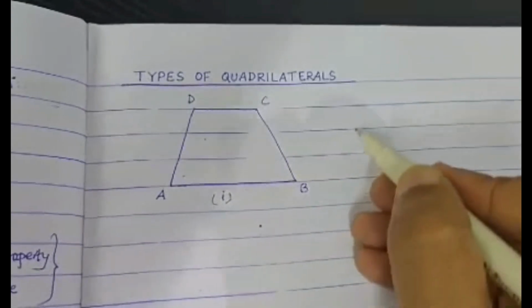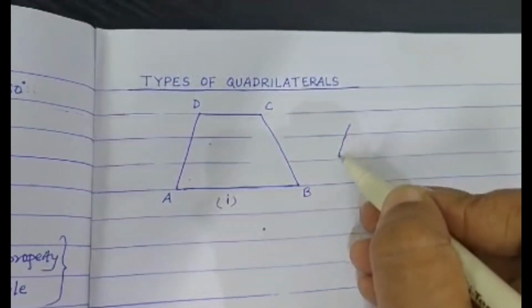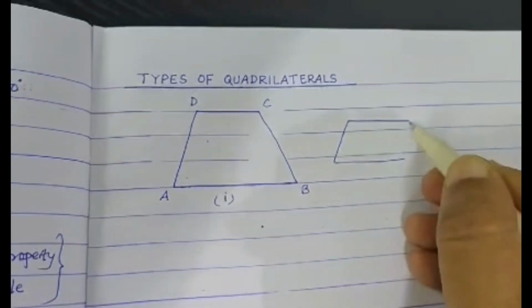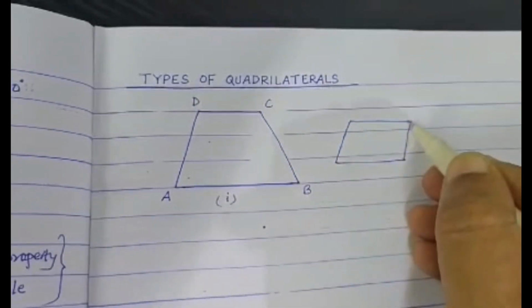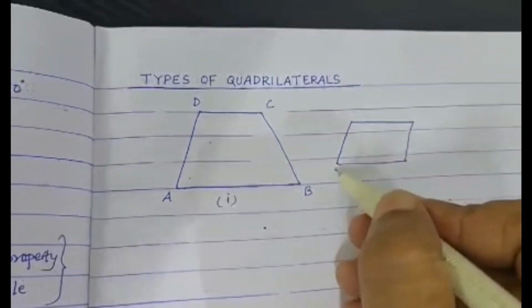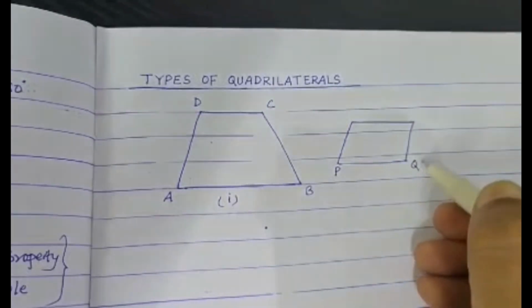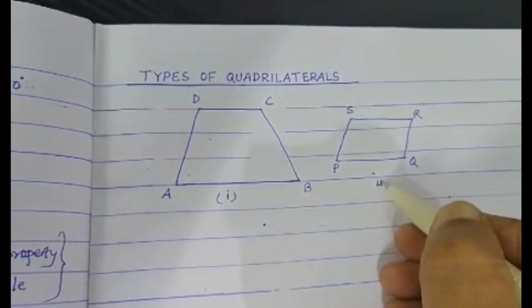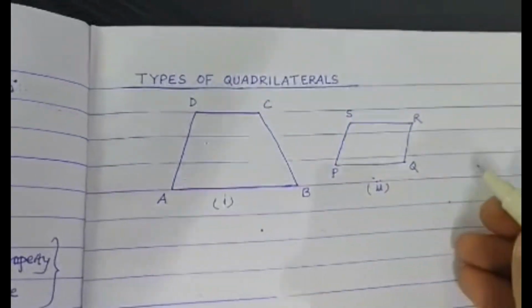Now the second one is like this. Let us suppose this is P, Q, R, S. This is figure number 2.